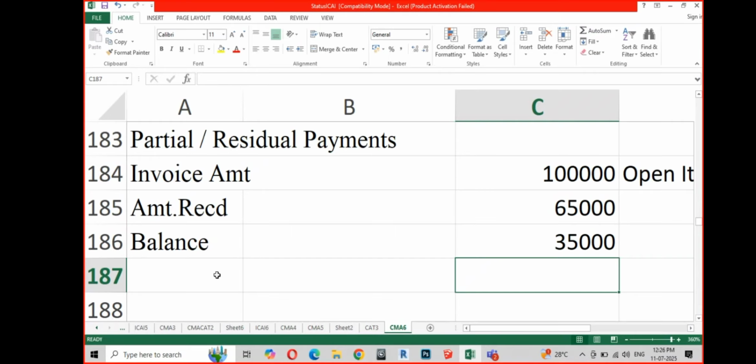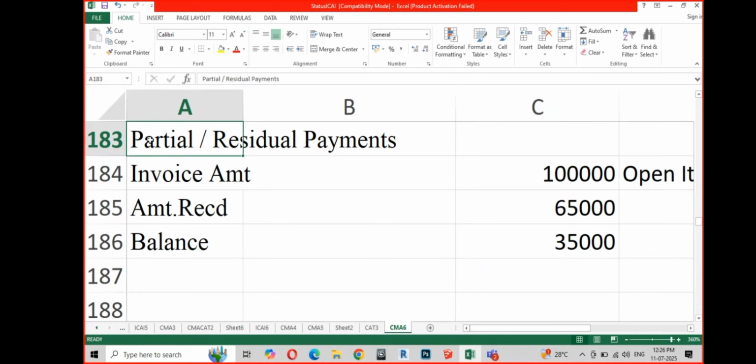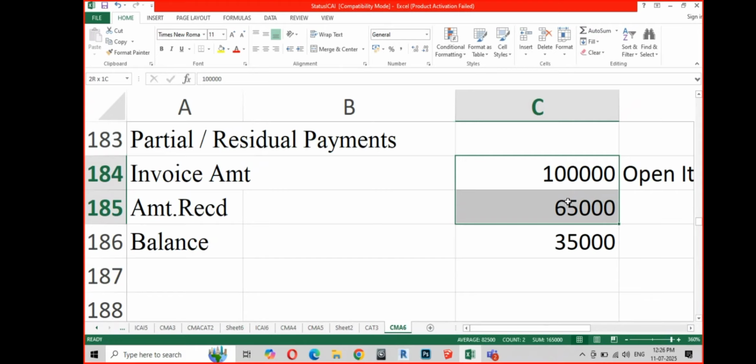So in a scenario where partial payment is followed, both these items are shown, one as a plus, one as a minus. Clear? If it is a customer balance, it will show a plus debit and 65,000 as a minus credit.